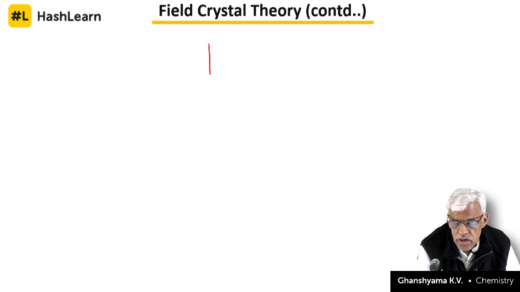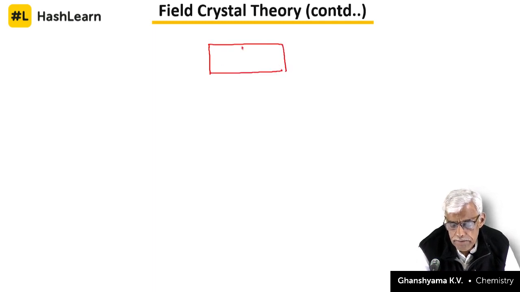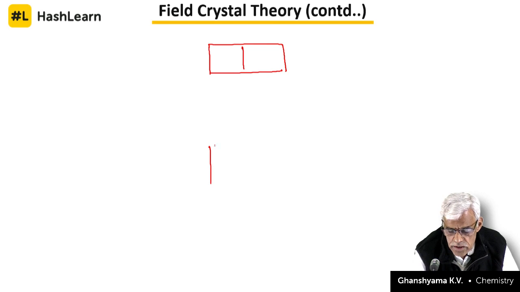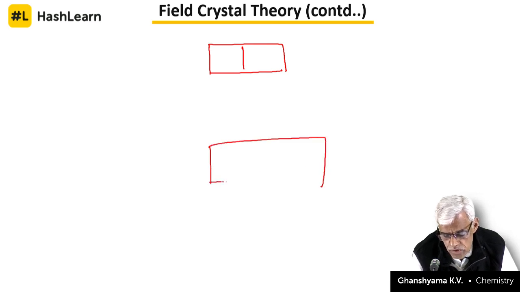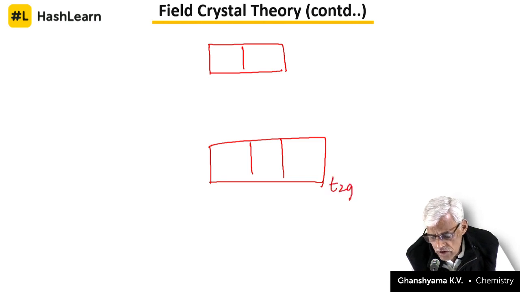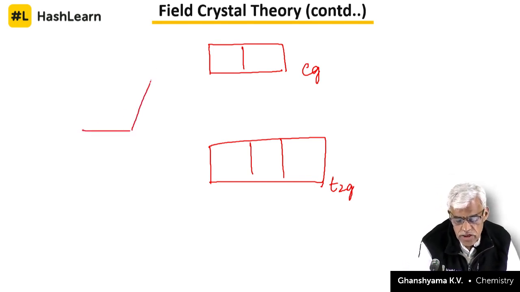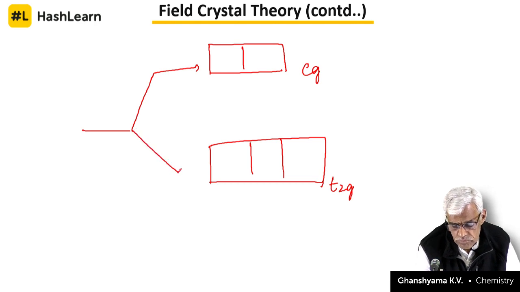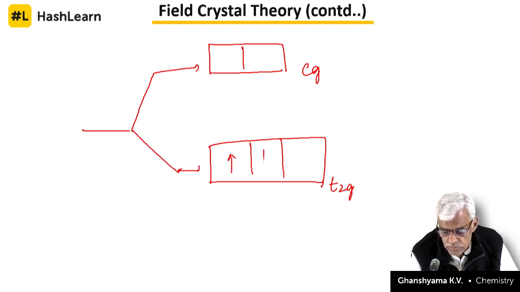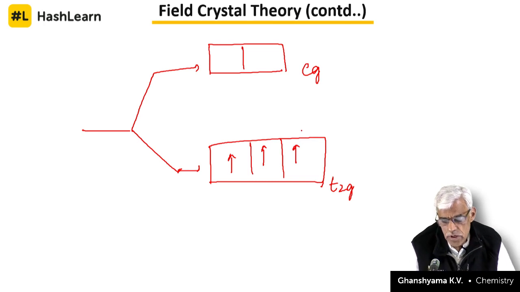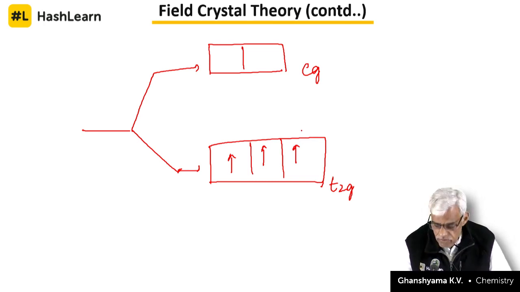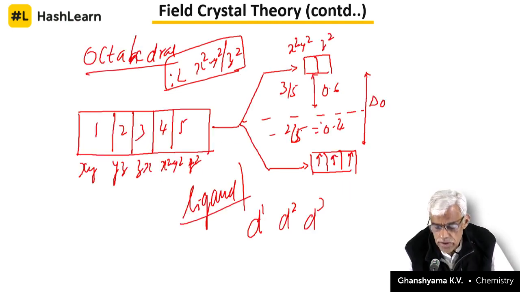So dx square minus y square, dz square, and xy, yz, zx. This is the t2g level and this is the eg level. So this is the splitting. 1 electron here, 1 electron here, 1 electron, d3 over. For d4, as I said, 2 chances are there.